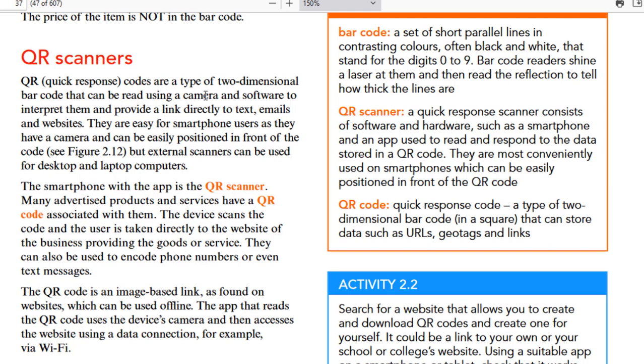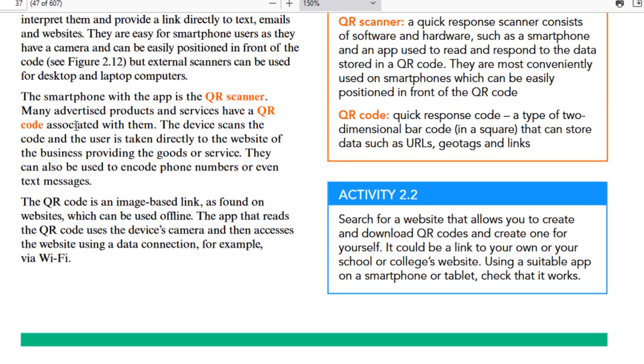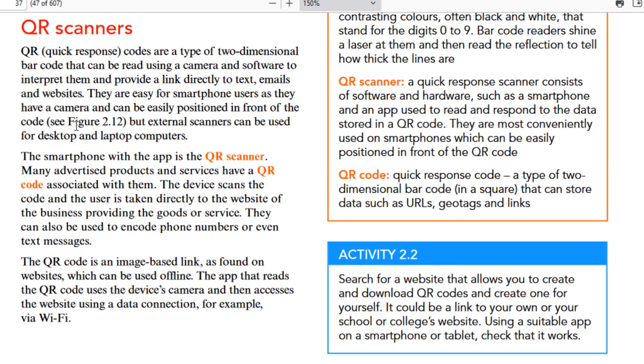Barcodes that can be read using a camera and software to interpret them and provide a link directly to text, emails, or websites. So we've used QR codes as admins. We've used them to direct parents to send an email to the school, or direct them to the school's website and other things.